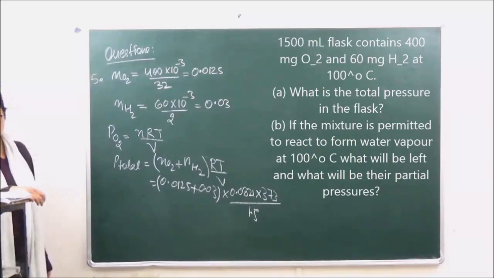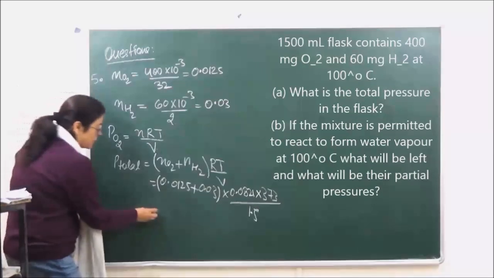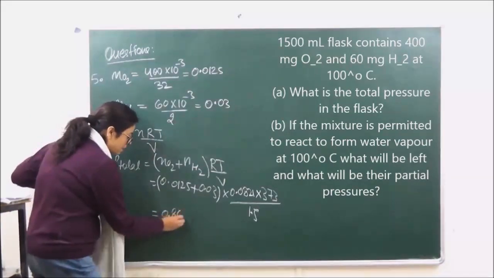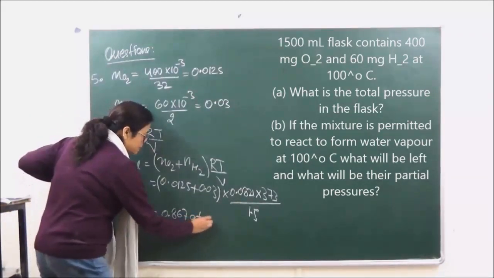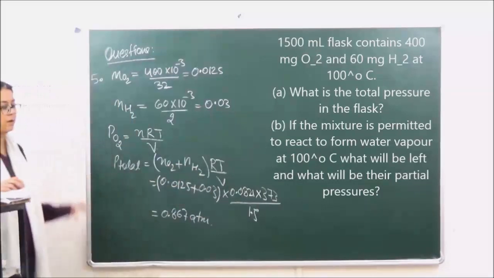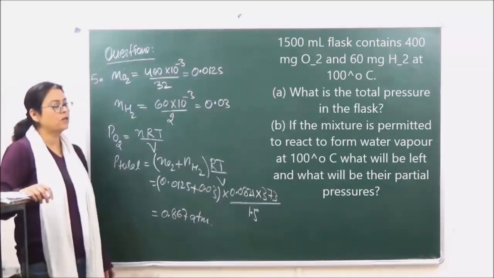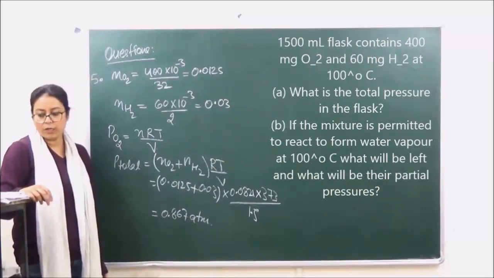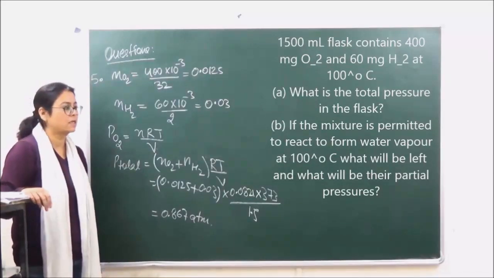Okay, so जब आप इसको कैलकुलेट करोगे, the total pressure that is coming to 0.867 atmosphere. So this is the first part of the question, to calculate the total pressure in the flask.